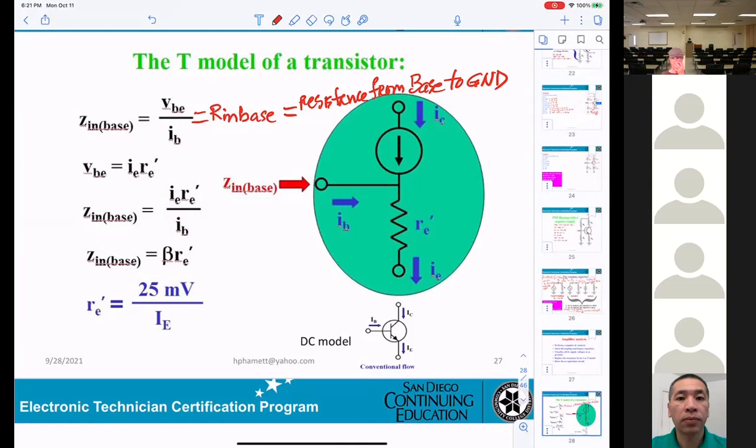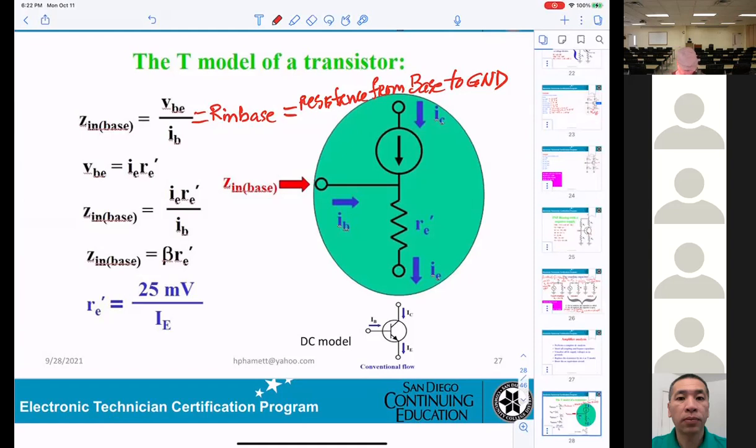That is the definition. So you connect the high side to the base and the low side to the ground, and set the meter to measure resistance. That's what you will get for Z in base or R in base, okay?